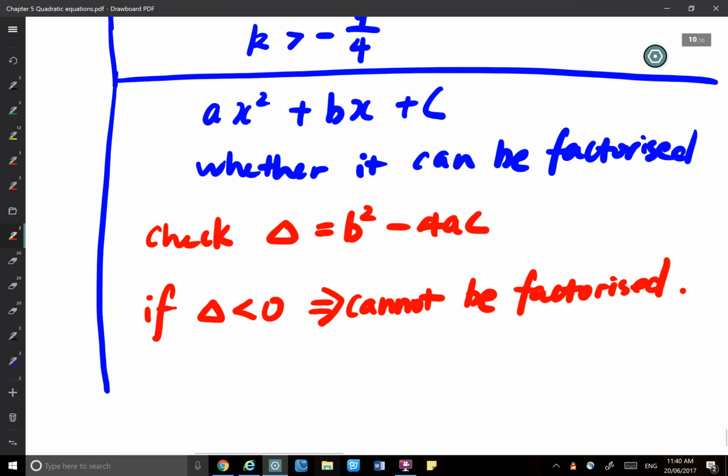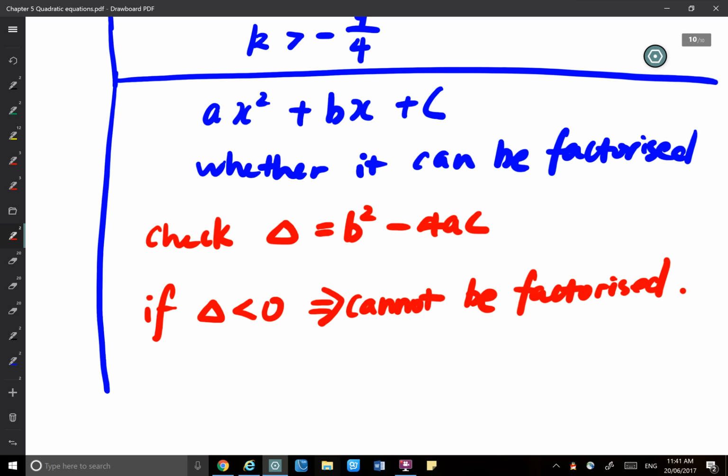If you just want to know whether it can be factorized, or you want to test yourself, even though the question says complete the square and state whether it can be factorized or not, you can use this method to check your answer, yes or no, first. That's like a checking process.